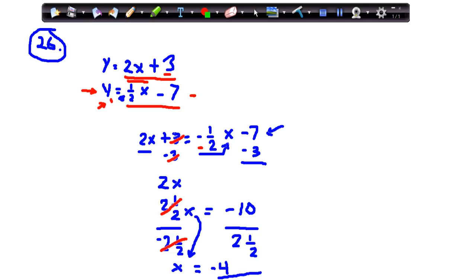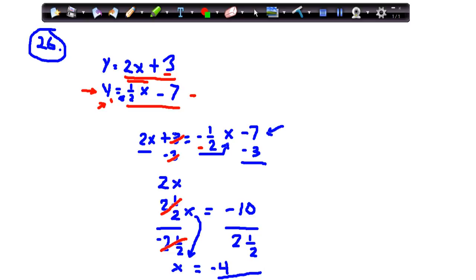Okay, we're not done yet, because now we have the value of x. So, step 2, now use the -4 as x in the first equation and solve for y. Remember, we just finished solving for x.